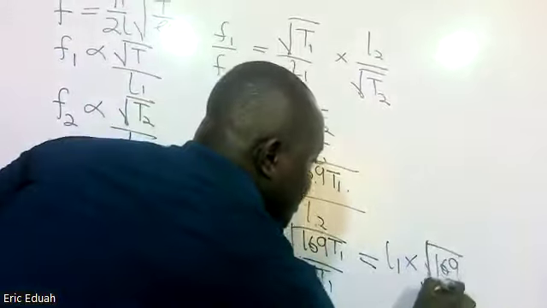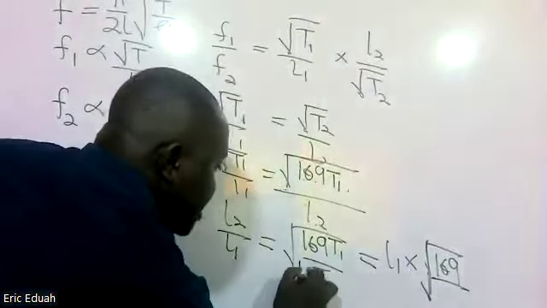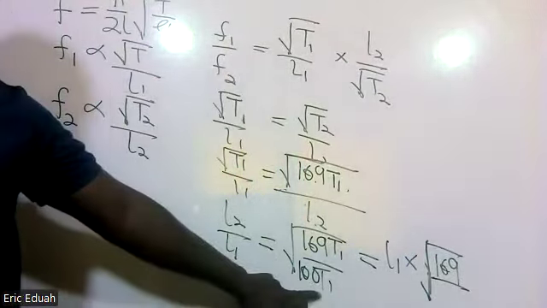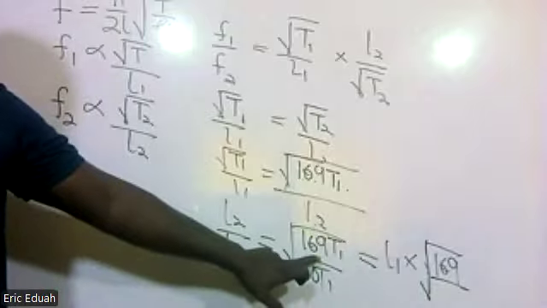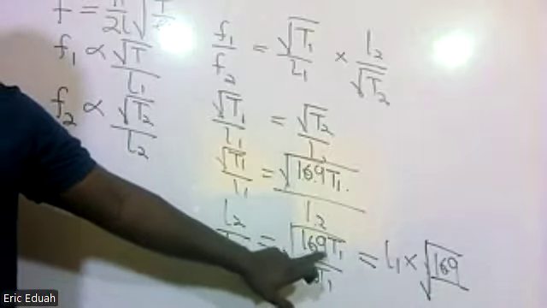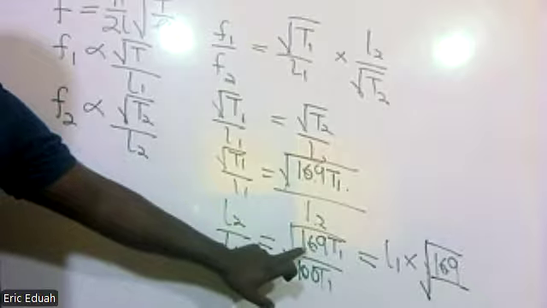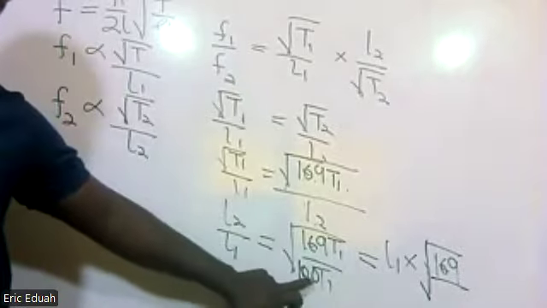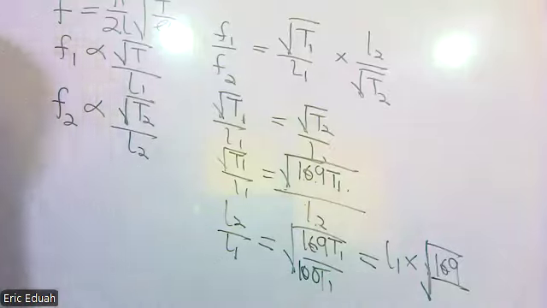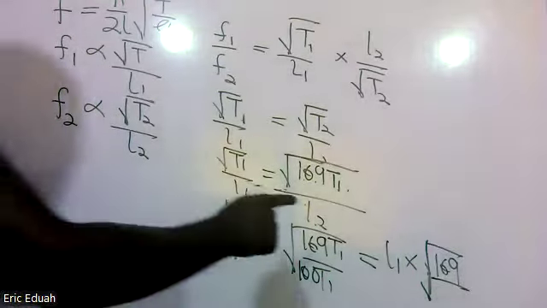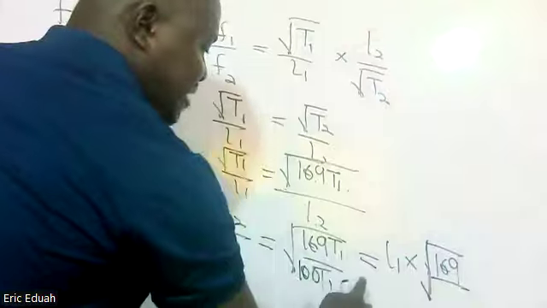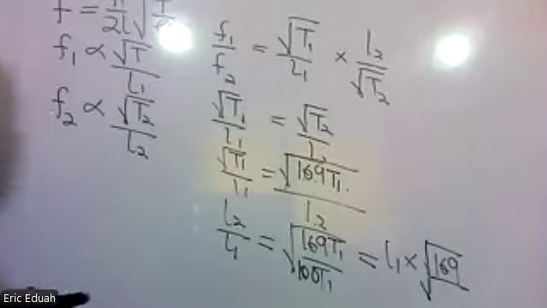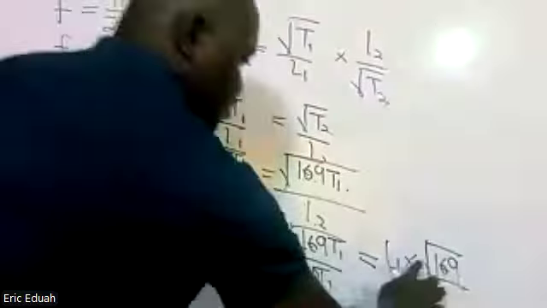This must be 100% of T1, because initially T1 was 100% and it was increased by 69%. So T2 must be 169% of T1. When we take that, we have 169 divided by 100, which gives us 1.69.